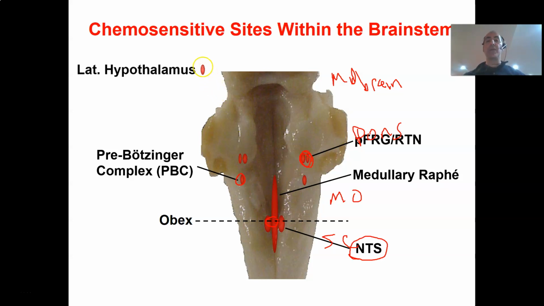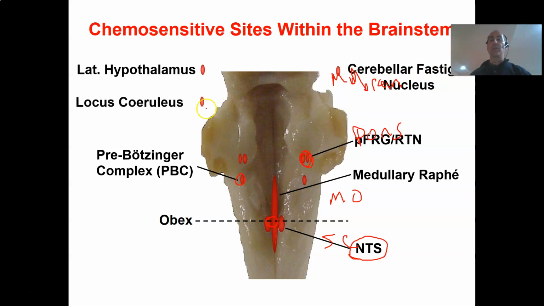You also have CO2 sensors in the lateral hypothalamus and then in the cerebellar fastigial nucleus. The locus coeruleus is one of the least sensitive areas and is located in the pons. So these are all of the chemosensitive nuclei that we are aware of in the brain, and some are more sensitive to CO2 and some are less sensitive.